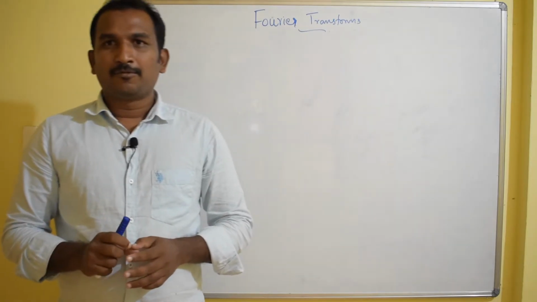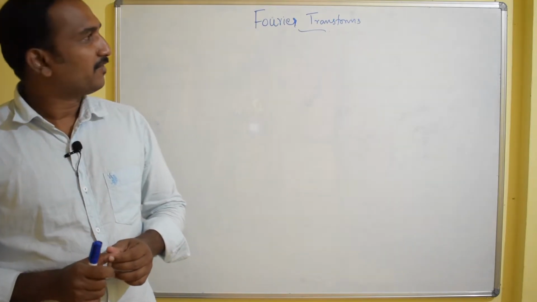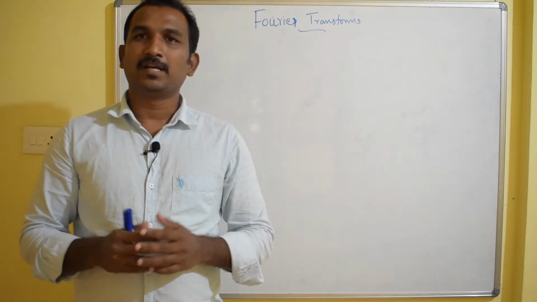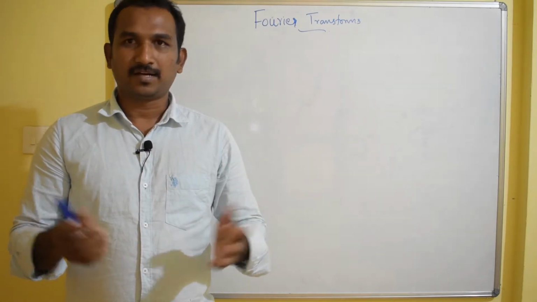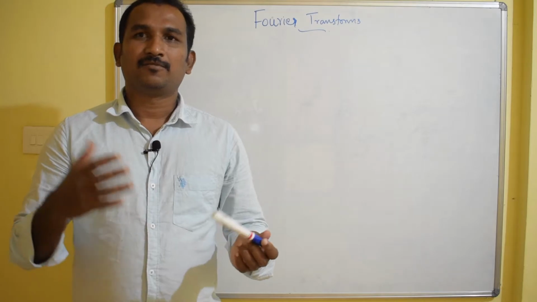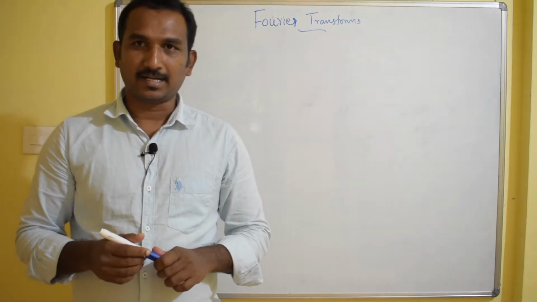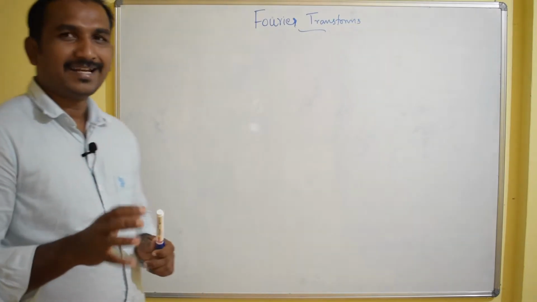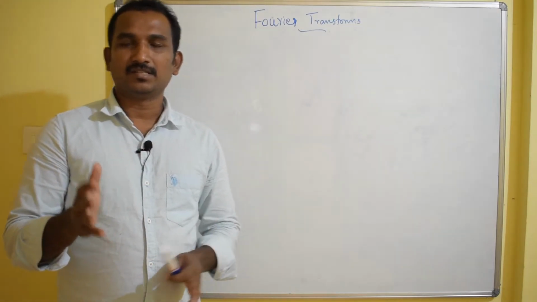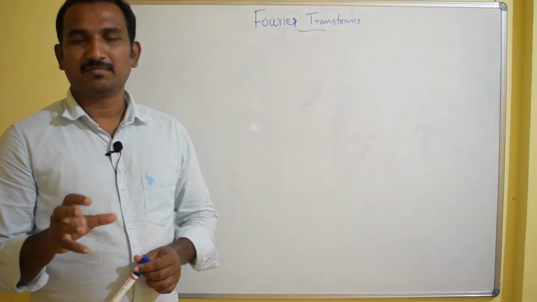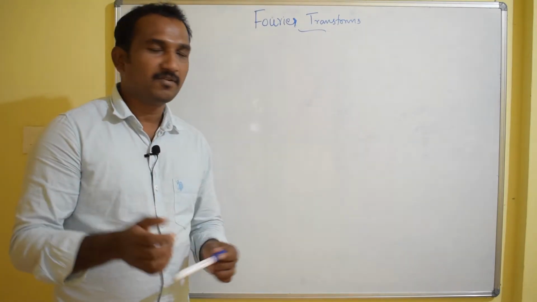Well, the Fourier transform can be classified into two types by the nature of the function. One is Fourier cosine transform and another one is called Fourier sine transform. Let us see what is the nature of that. Already we discussed in the previous problem that the nature of the function may be an odd function or an even function.